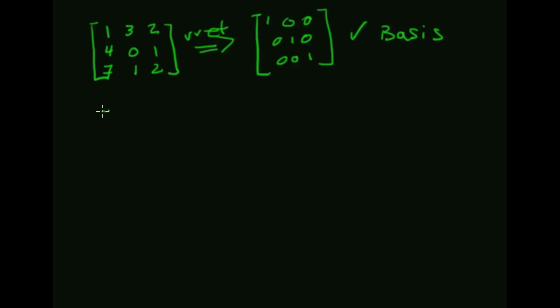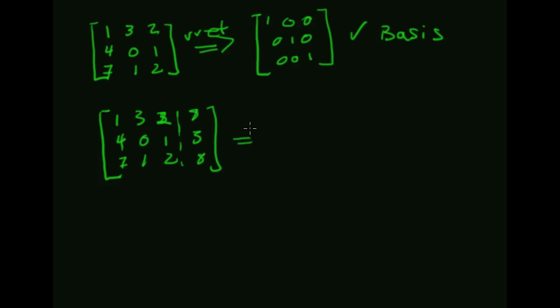Okay, so to get the coefficients for the linear combination, all I have to do is augment this matrix, 2, 1, 2, with the end result, which is 8, 3, 8. I take Gauss-Jordan.